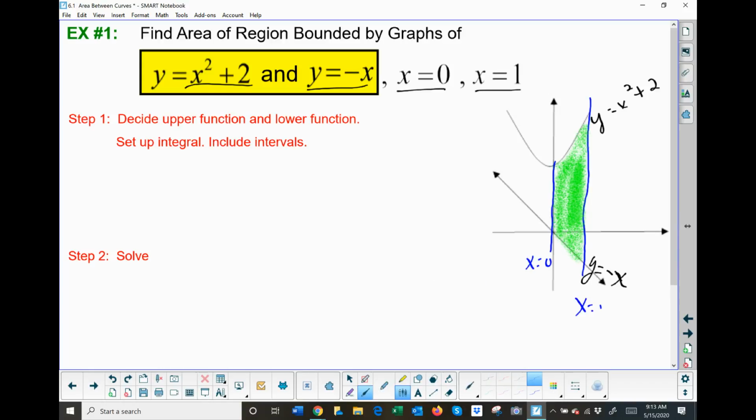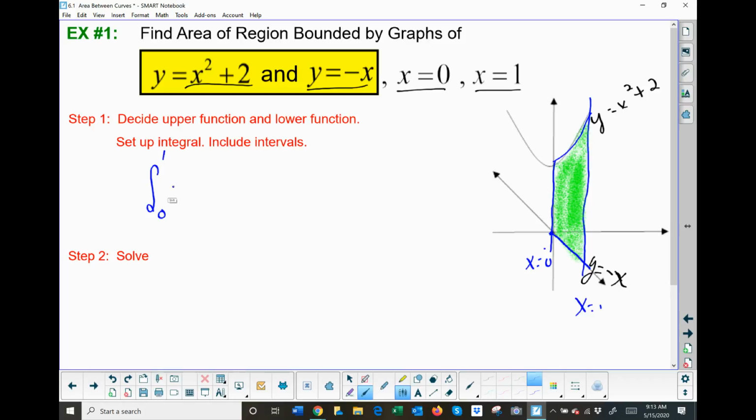All right, so it says decide the upper and lower function. We did that. We have the upper function and the lower function, and then set up the integral as well as the intervals. So let's find out our intervals. We're going to integrate between 0 and 1 for our x values.